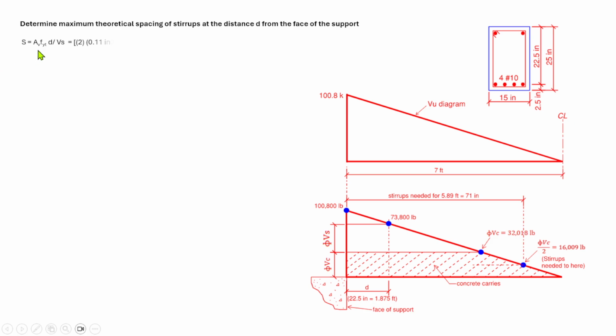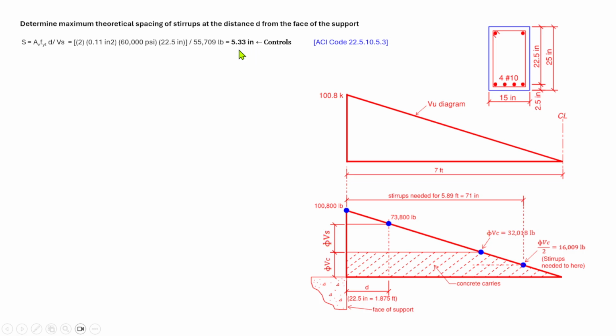S is equal to Av times fy times d over Vs. So 2 times 0.11 square inch, 2 because we are using the 2 legs of stirrups, times 0.11 square inch, that is the area of one leg of the ties, which is number 3, times 60,000 psi times the depth, 22.5, over 55,709 pounds, that is Vs, is equal to 5.33 inches.